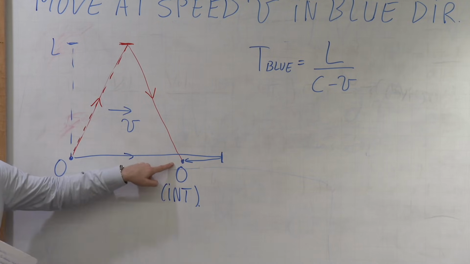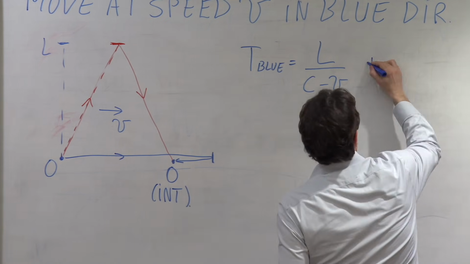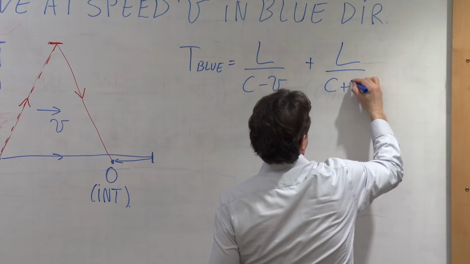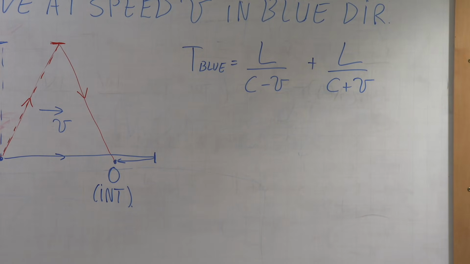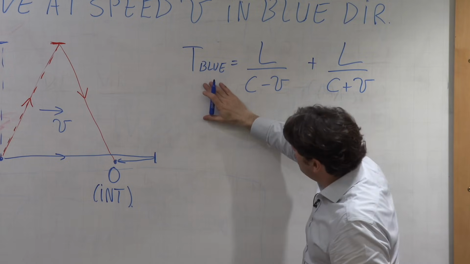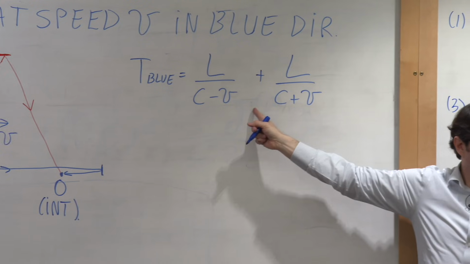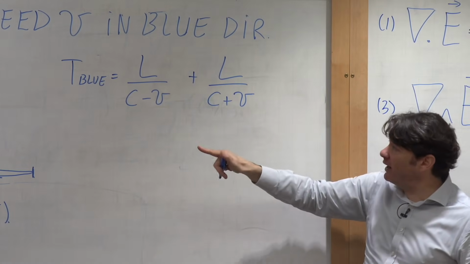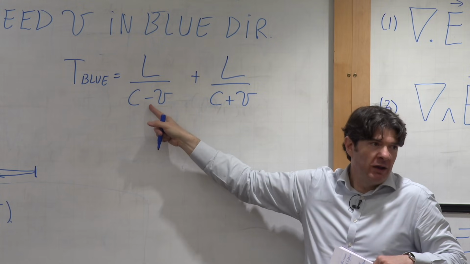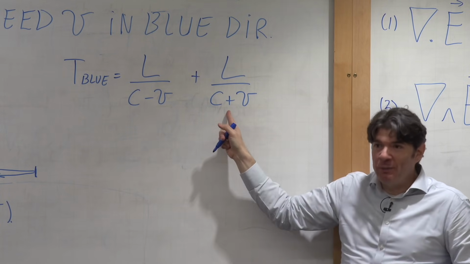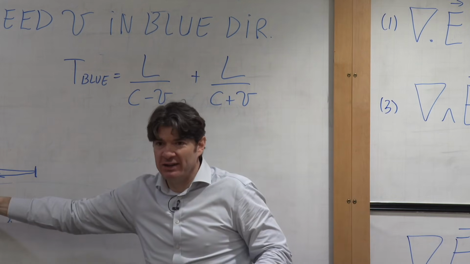The interferometer is moving towards us, okay? So that effectively, the speed is c plus v, okay? So the time that the blue ray takes to go back and forth is this time here, okay? Because when it goes towards the target, it is a bit harder, so it's like our speed is slower. But when we come back, our speed is faster. Do you agree? Yeah? So this is this one here.